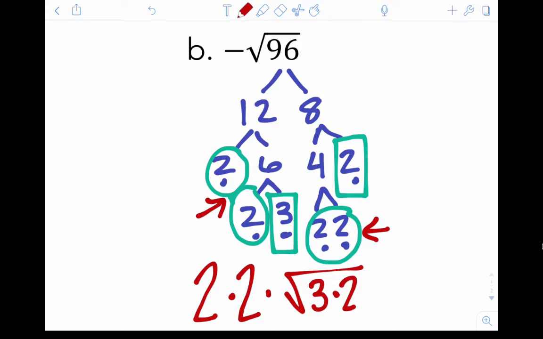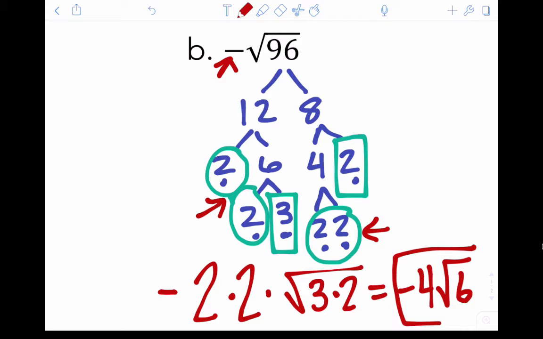But once we get to the bottom and we rewrite it, we need to pay attention to what's in front of that square root sign. I have a negative in front of it, so I need to have a negative in front of all of this. So this is equal to negative 4 rad 6. Just like I multiply my numbers outside of the square root, I also have to multiply the numbers inside of the square root. And that's my final answer.